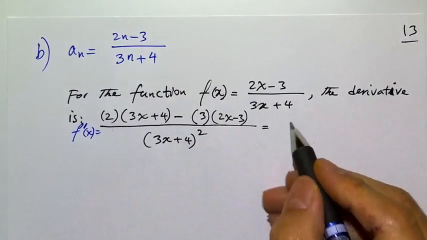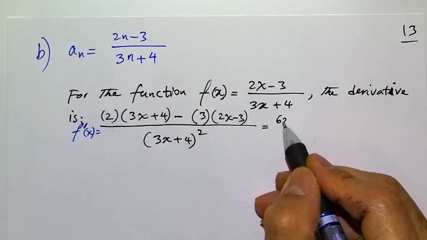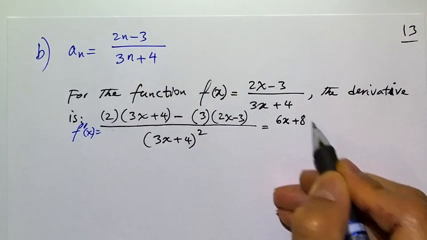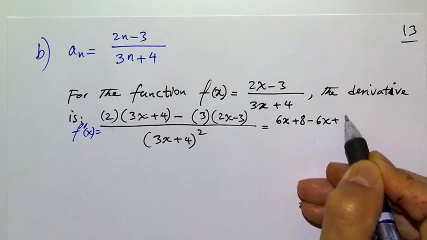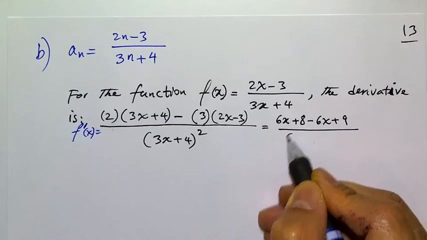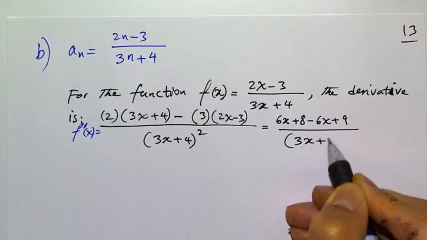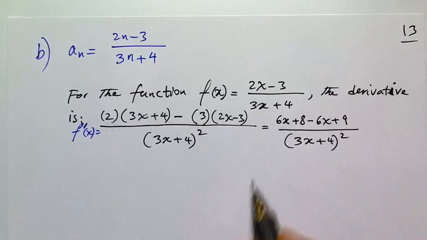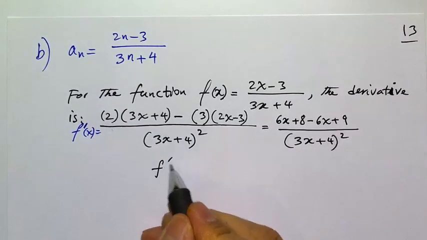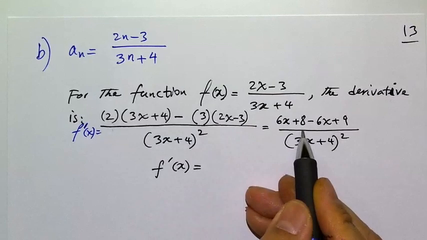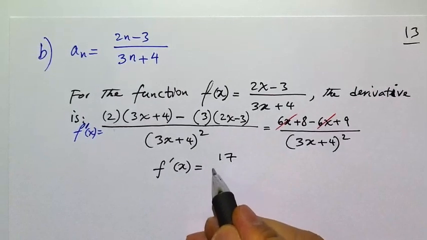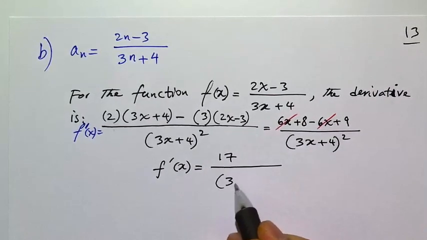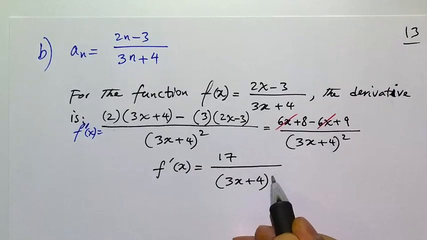So if we distribute everything and simplify, we get 6x plus 8 minus 6x plus 9, divided by 3x plus 4 squared. So the derivative f prime of x is equal to, these two cancel each other out, 17 divided by 3x plus 4 squared.